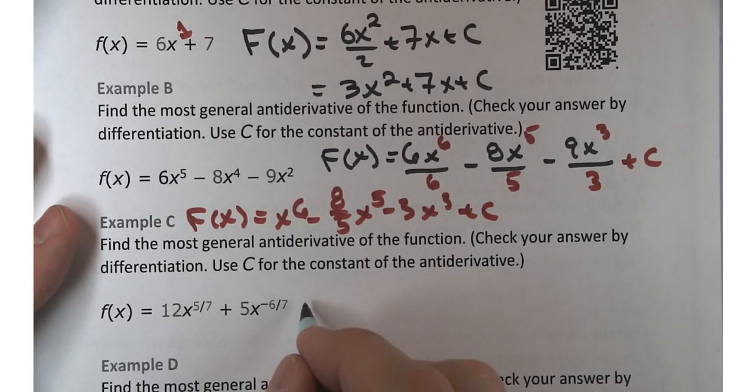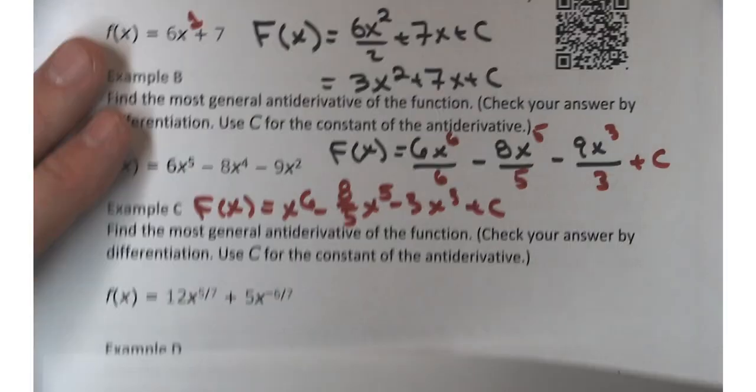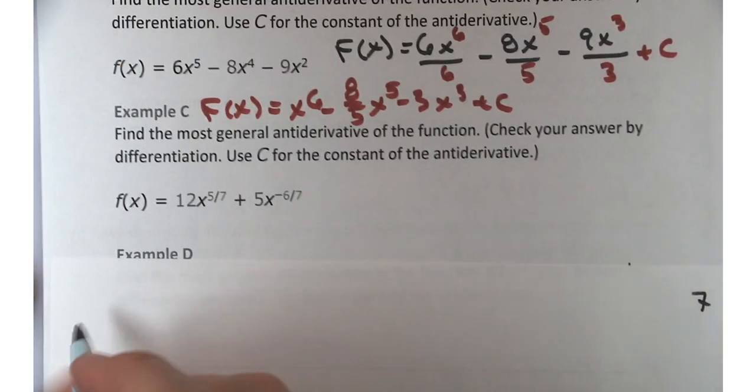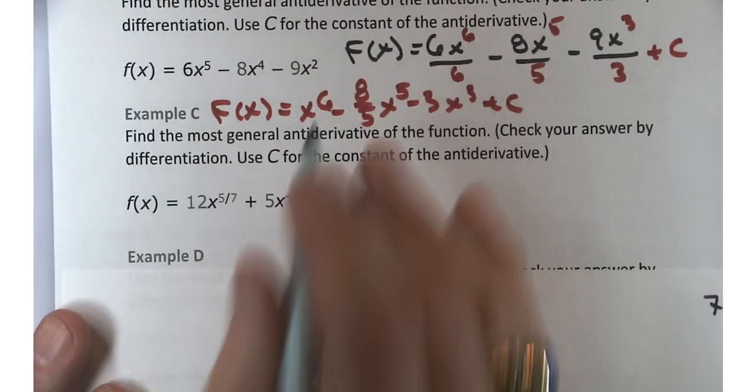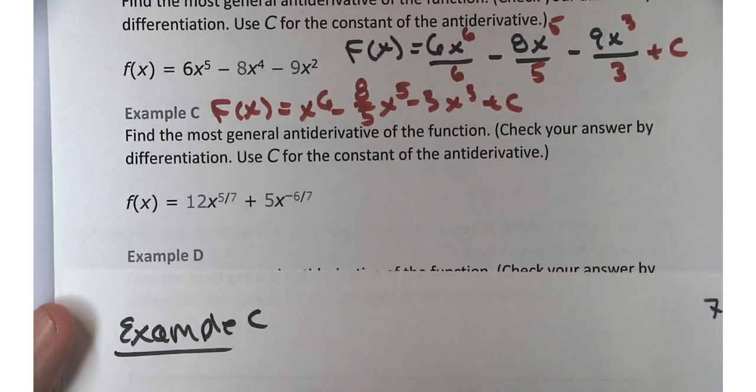So, let's see. Do I have enough room here? I think I'll move on to a different sheet of paper just for this one. So let's do f of x. This is example C. f of x is 12x to the 5/7 plus 5x to the negative 6/7.